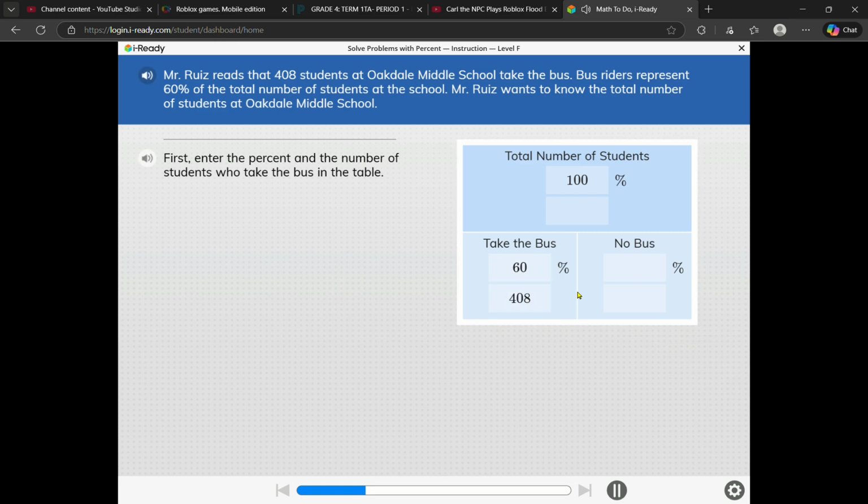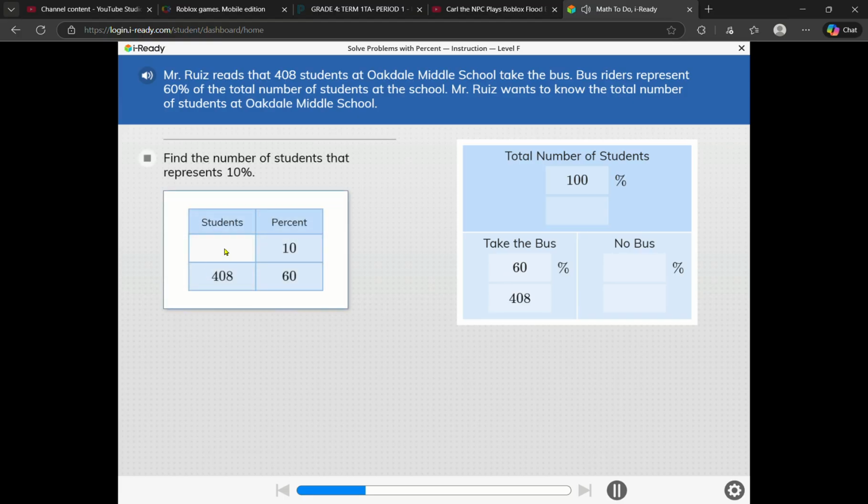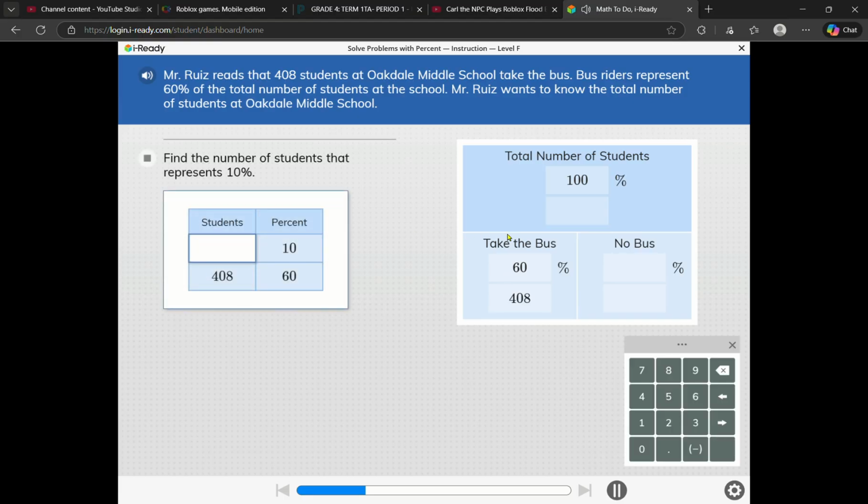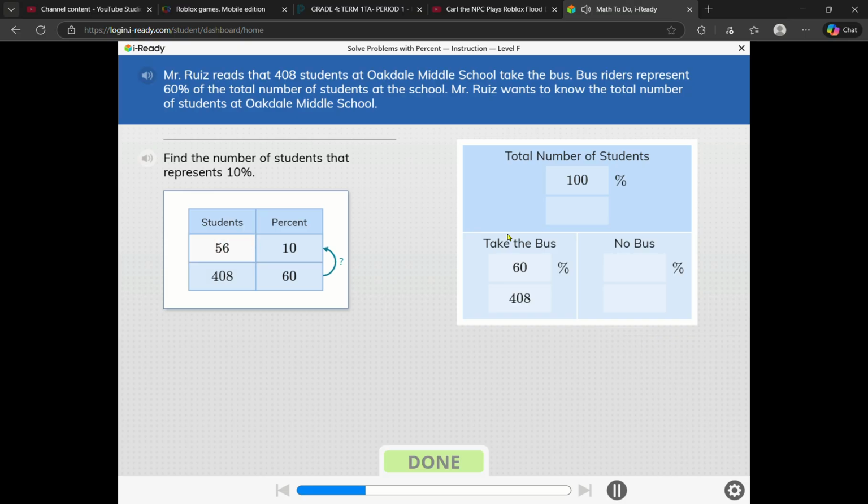Now let's use what we know about the students who take the bus to find the total number of students. Find the number of students that represents 10%. 60 divided by what number equals 10? Divide 408 by the same number.